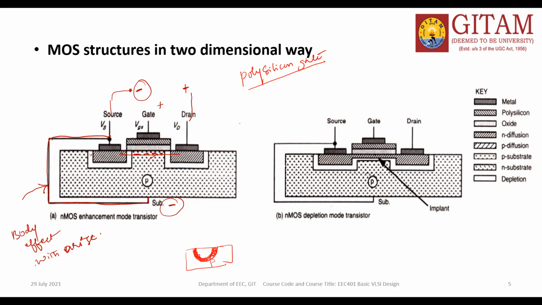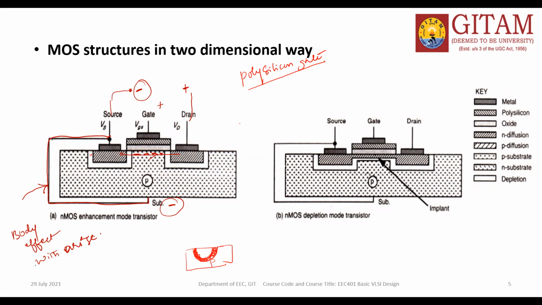But whenever the source and substrate are at different potentials, the threshold voltage will vary. That is not advisable. That is called body effect. Whenever the source and substrate are at different potentials, the threshold voltage of a transistor will be varied. This is known as body effect.